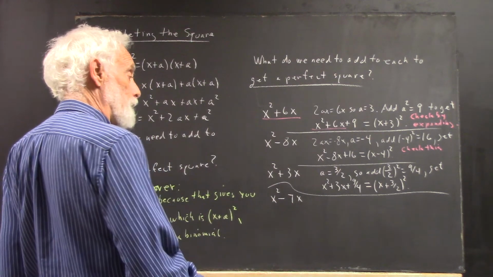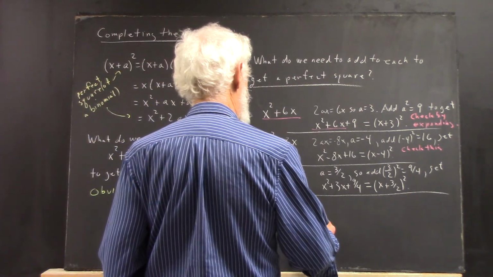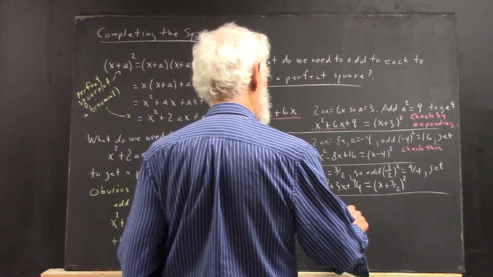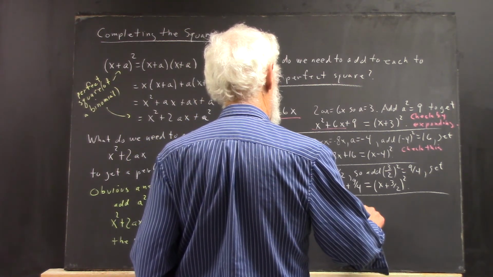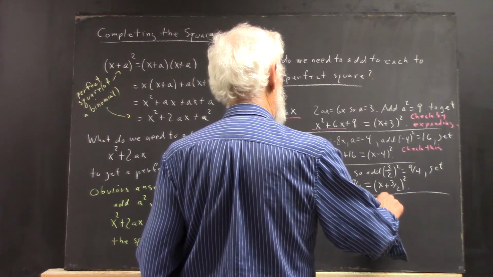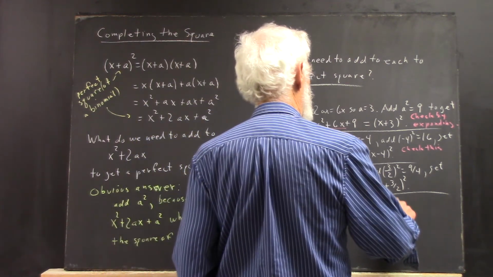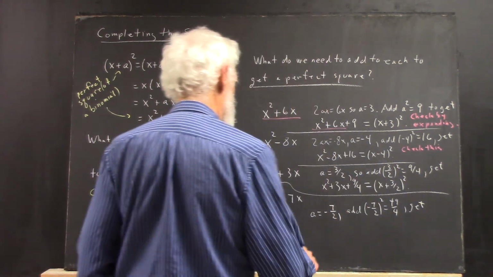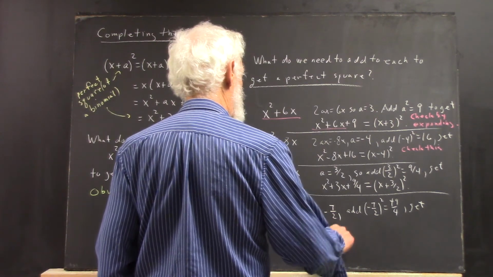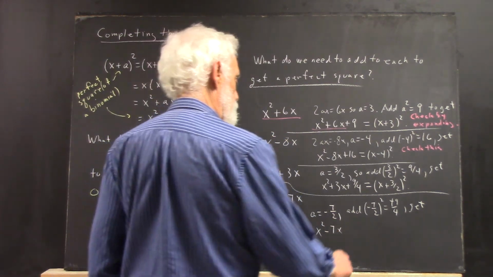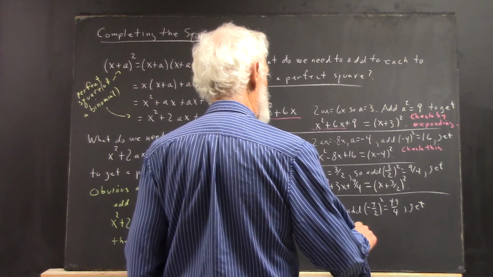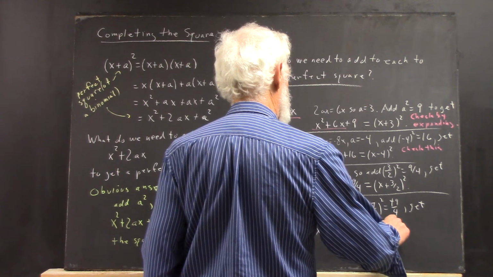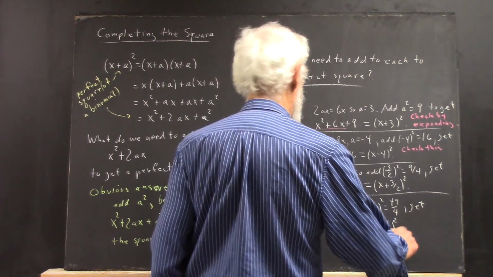X squared minus 7x, well, we get a equals negative 7 halves. Add negative 7 halves squared equals 49/4. And we get x squared minus 7x plus 49/4, and that's equal to x minus 7/2 squared.